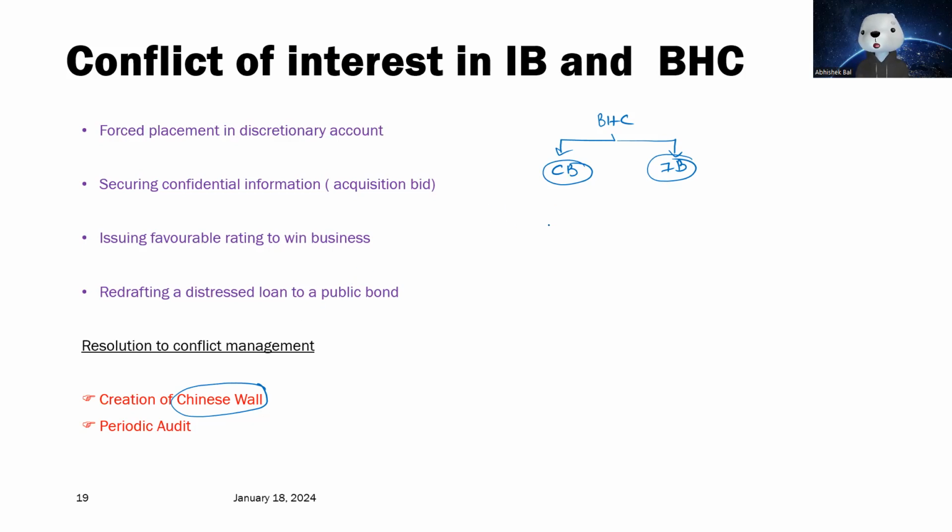And the example is that we are talking about a company XYZ. XYZ wants to take out a new IPO. XYZ has given a mandate to company ABC. Company ABC is a merchant bank. Now, ABC also has a brokerage unit.